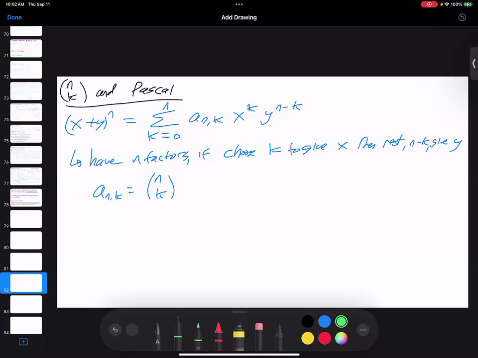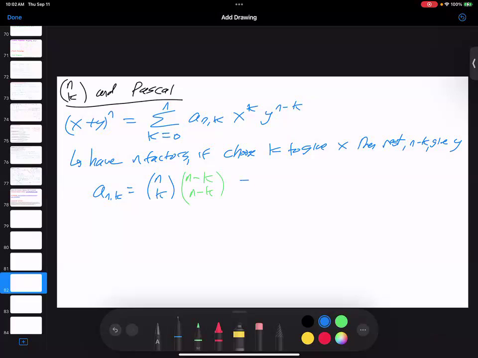N minus k. And so we really have n minus k factors left over. Of those n minus k factors, how many of them must we choose to be y? N minus k. And so really what we're doing is we're multiplying by 1.